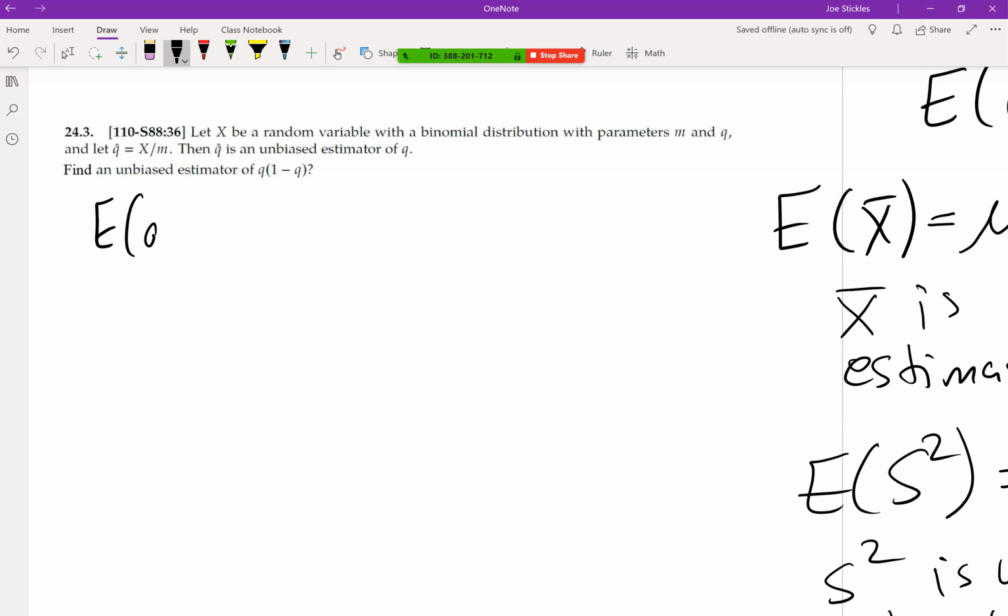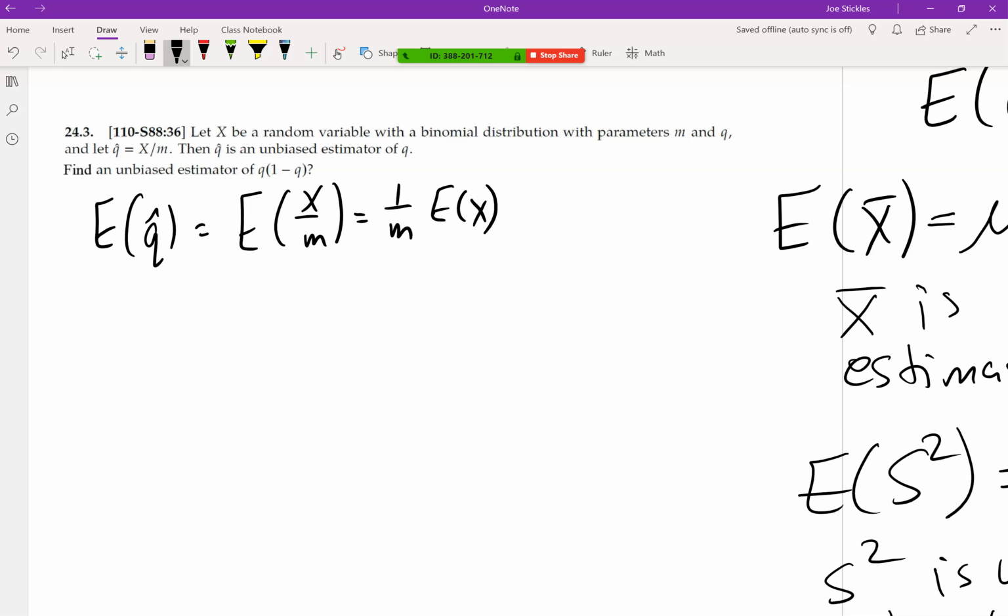If you do the expected value of your q hat, that's going to be the expected value of X over m. We know that constants pull out of your expected value.